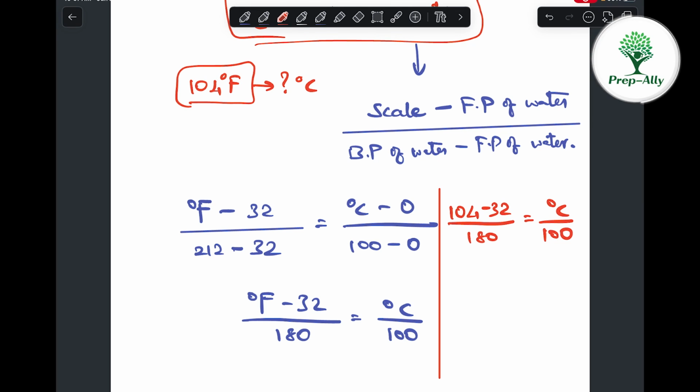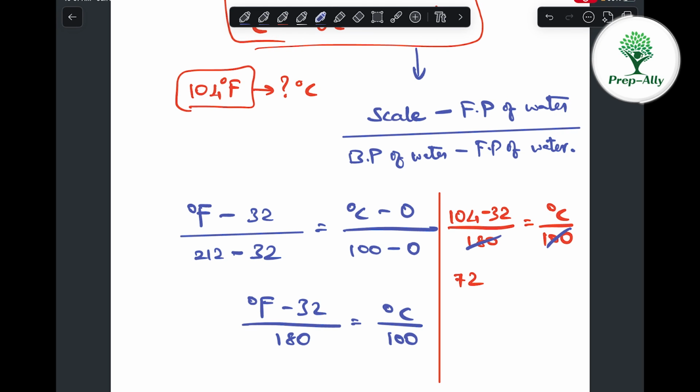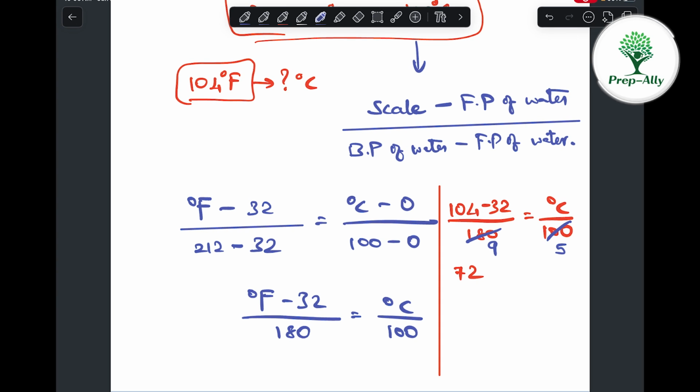So 104 minus 32, it was 72, and if you know, you can cancel these two with the table of 20, I think. So it will come under 5, this will come under 5, 9, right? So 72 divided by 9 equal to degree Celsius divided by 5.